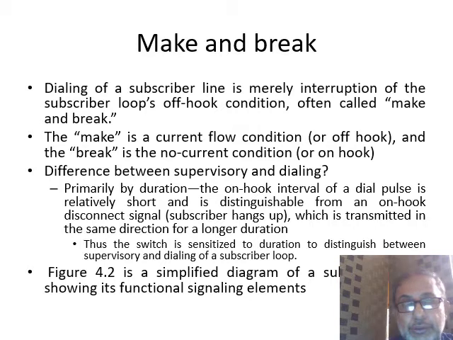This was done to send a particular digit of the telephone number. For example, if you are dialing 0, it means that your circuit has to be made and broken 10 times.